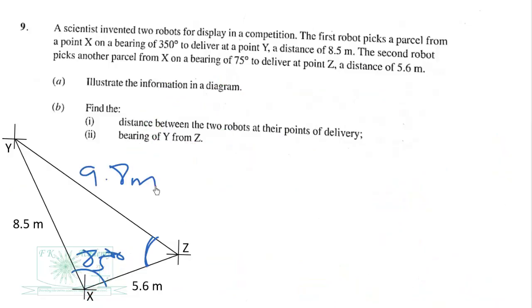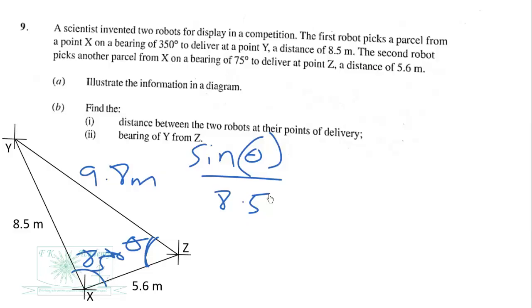So using the sine rule, we know that sine of the angle here, let me call it theta, sine of this angle theta over the side opposite that angle, which is 8.5 meters, will be equal to sine of the known angle here, 85 degrees, over 9.8.